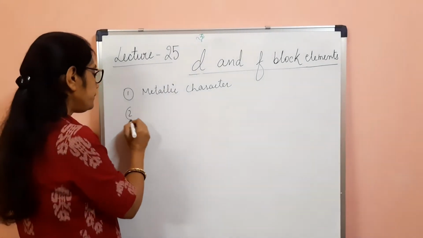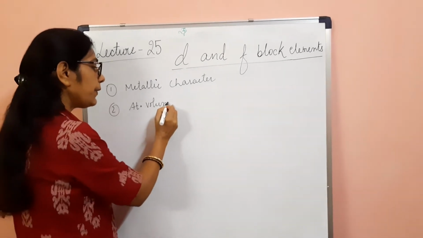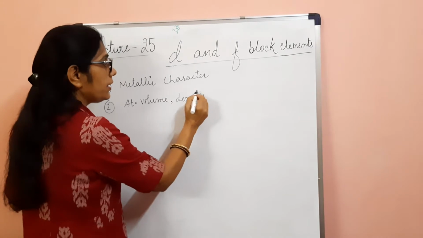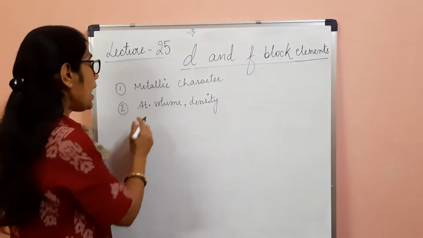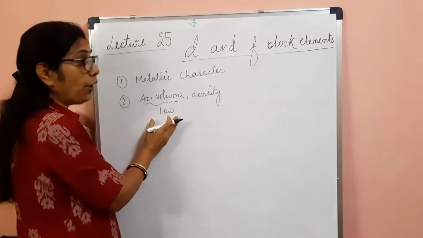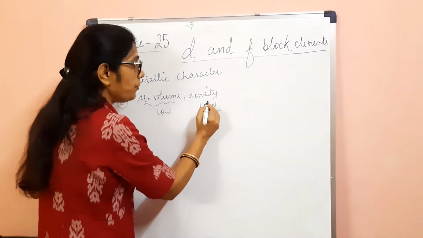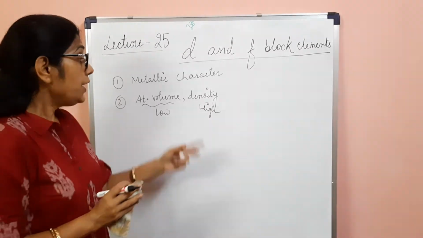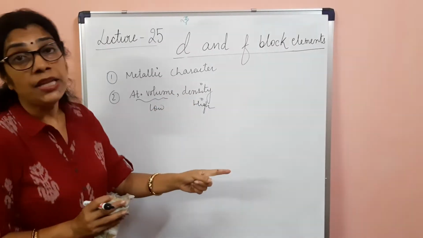Next is atomic volume and density. Since these transition metals have low atomic volume, naturally the volume is less, so the density becomes high. You must have seen iron, cobalt, nickel, manganese, these transition metals, they are very hard, they have high density.